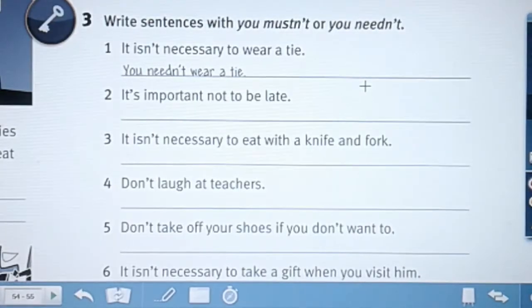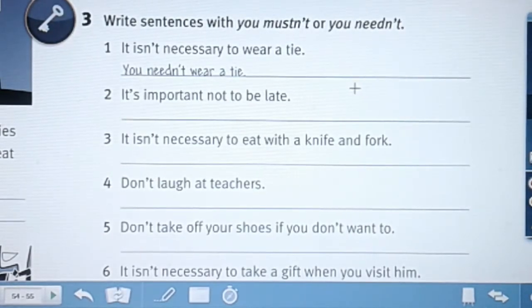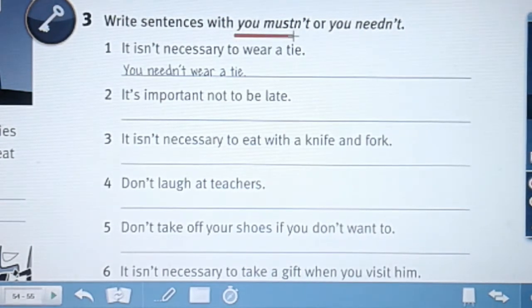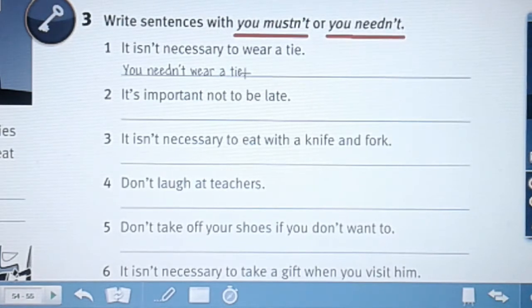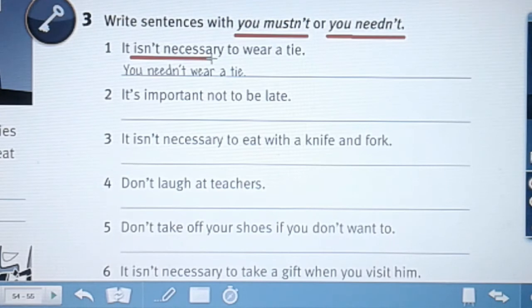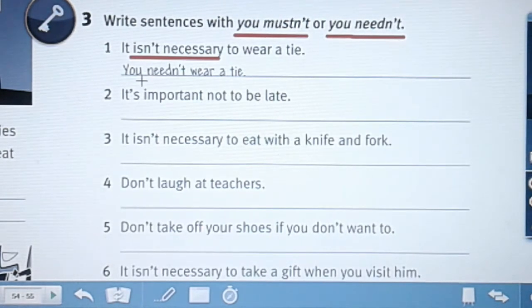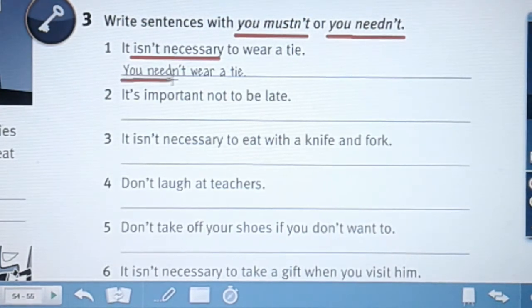Last but not least, you have to write sentences with you mustn't or you needn't. For example, it isn't necessary to wear a tie. Since this sentence uses isn't necessary, then we need to write a sentence with you needn't.